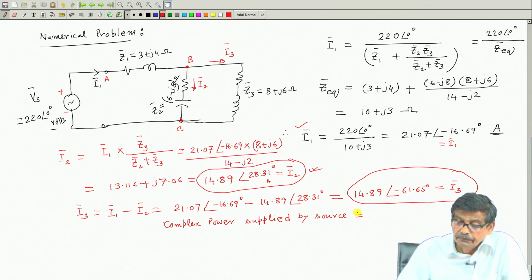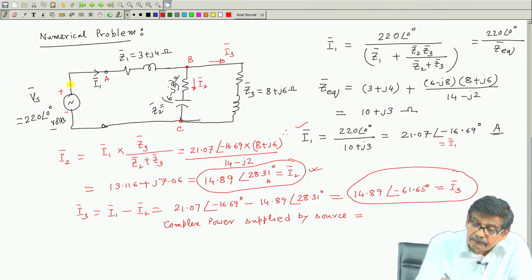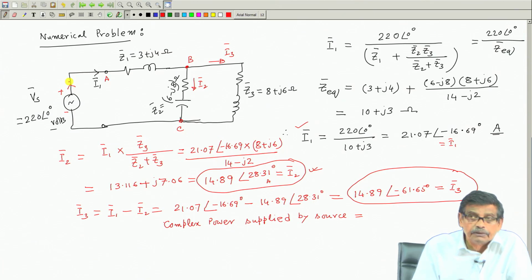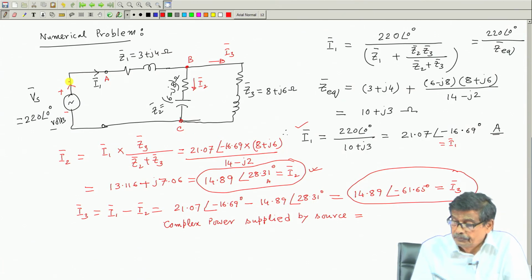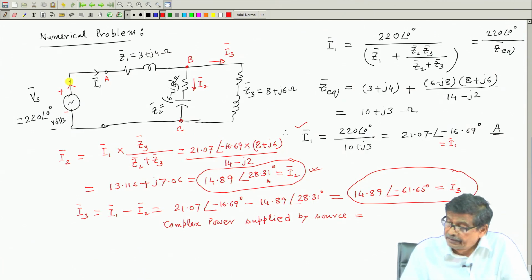Current is coming out from the positive, so I should take V s bar into I 1 star.